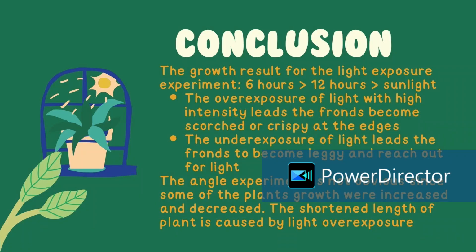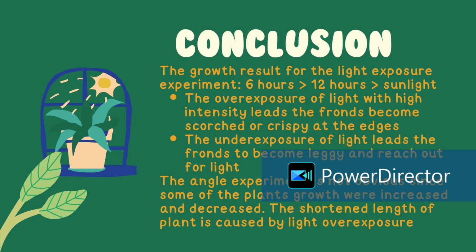Based on our analysis of the light exposure experiment, we can conclude that the most significant growth was recorded in the group exposed to the light for 6 hours a day, followed by the 12-hour light group, while the direct sunlight group had the least growth change.